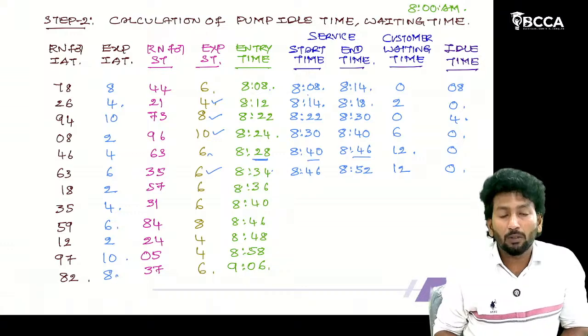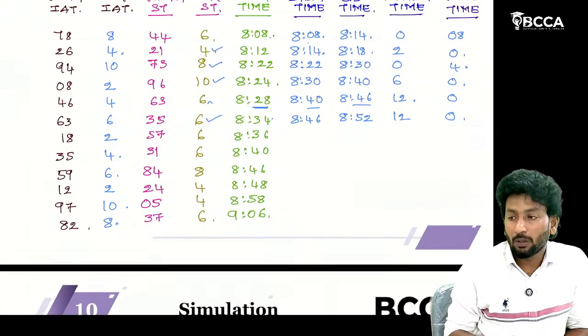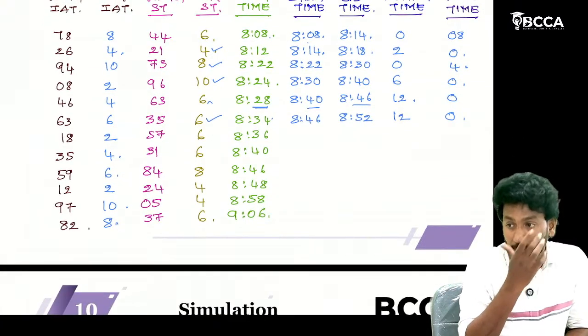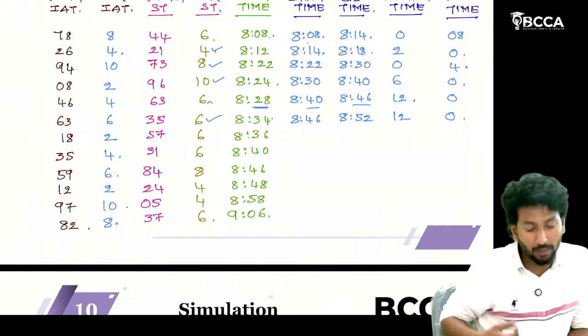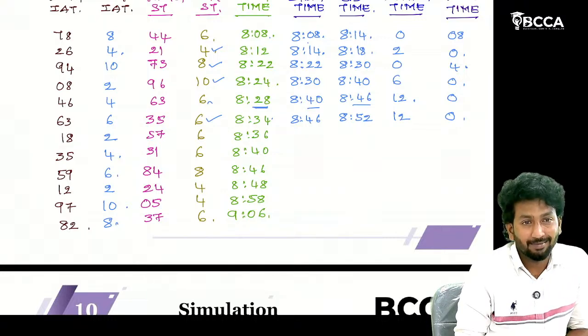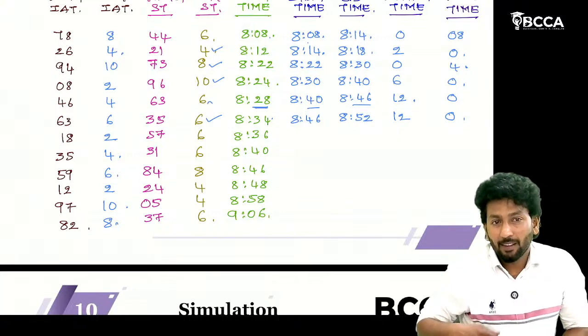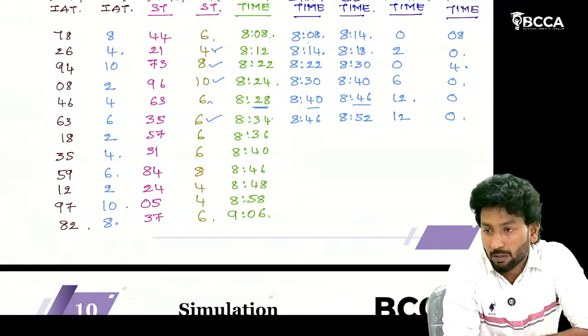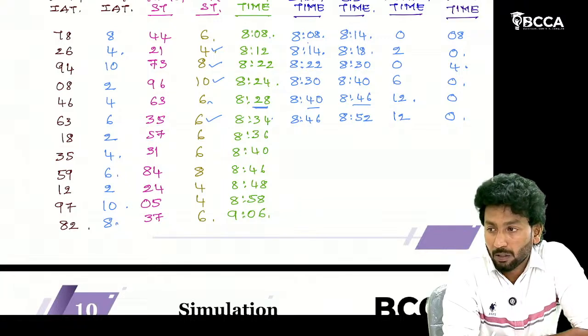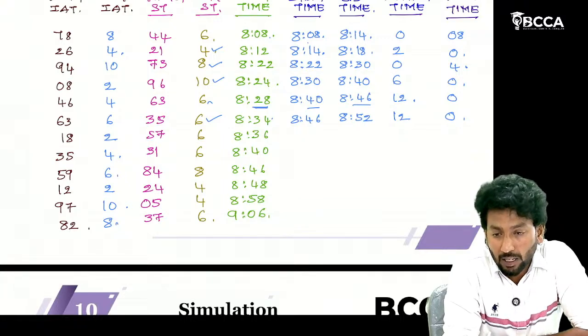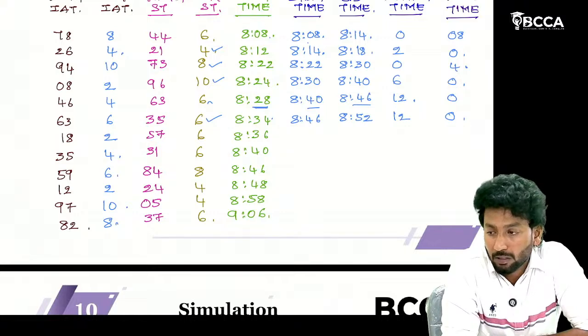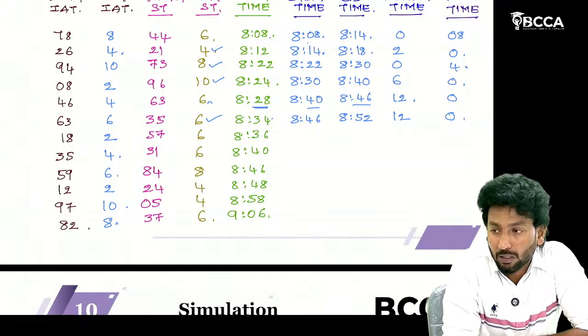Got it, sir? Any doubts? Like that, write the start time, end time, waiting time and idle time for all the customers. Those who are watching live, please comment: are you able to understand this or not? If you have doubts, I will explain the remaining parts once again.